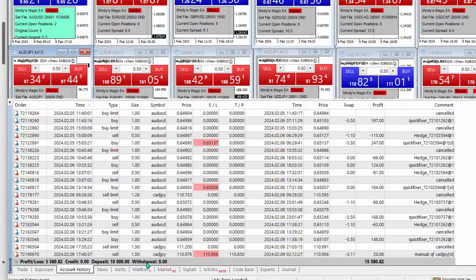Okay, you can also see here that it started with a $10,000 deposit. There's been no withdrawals, obviously, because it's a demo account. So the total in the account right now is $15,580. But what that represents is that this is the MegaMagic EA, has made over 50% profit in 2 months.